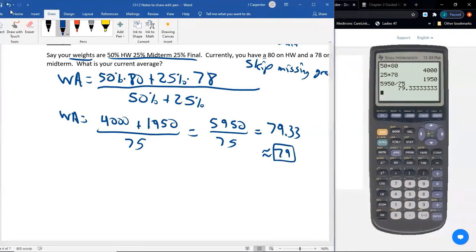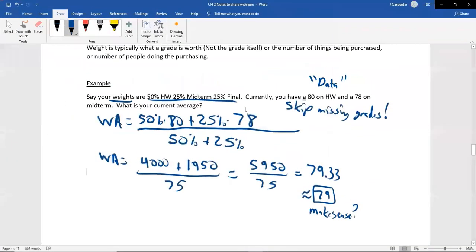And then you can ask yourself, does this make sense? Like you're supposed to do after every single problem in this course. All right, so we had an 80 on our homeworks and a 78 on our midterms. Well, a 79 makes sense because it's somewhere between these two.